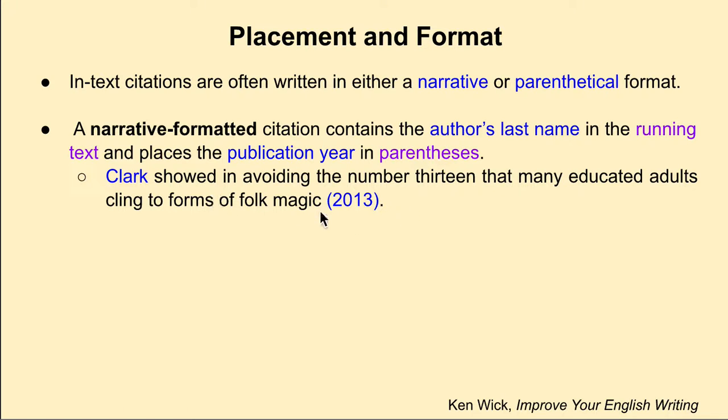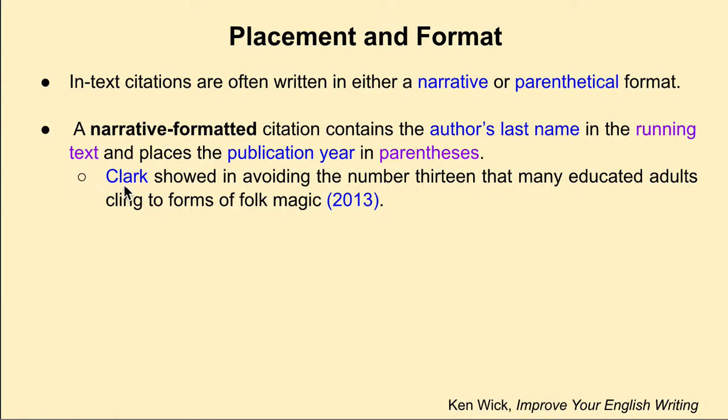But it seems redundant to put Clark here because you're just saying Clark, the author, showed this, and then you're showing the publication year. Since putting Clark in parentheses would be redundant, you don't need to. This is called a narrative formatted citation.